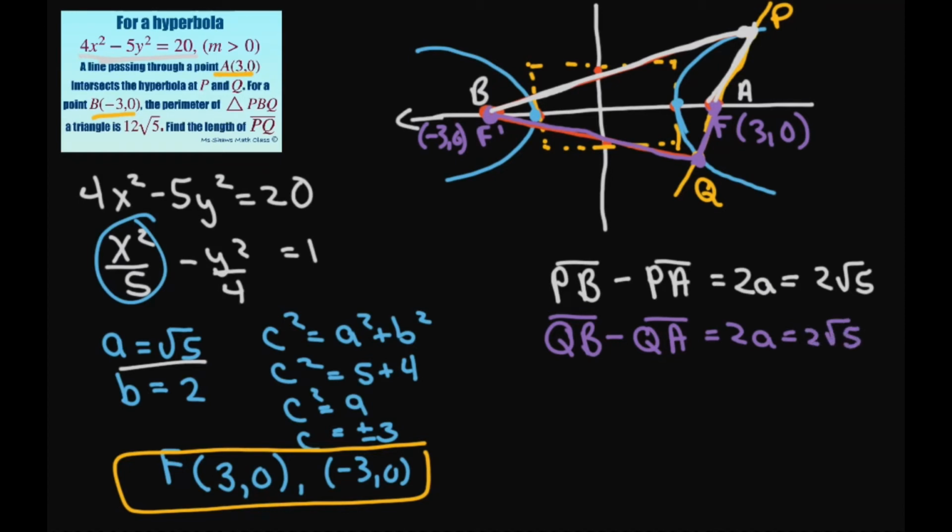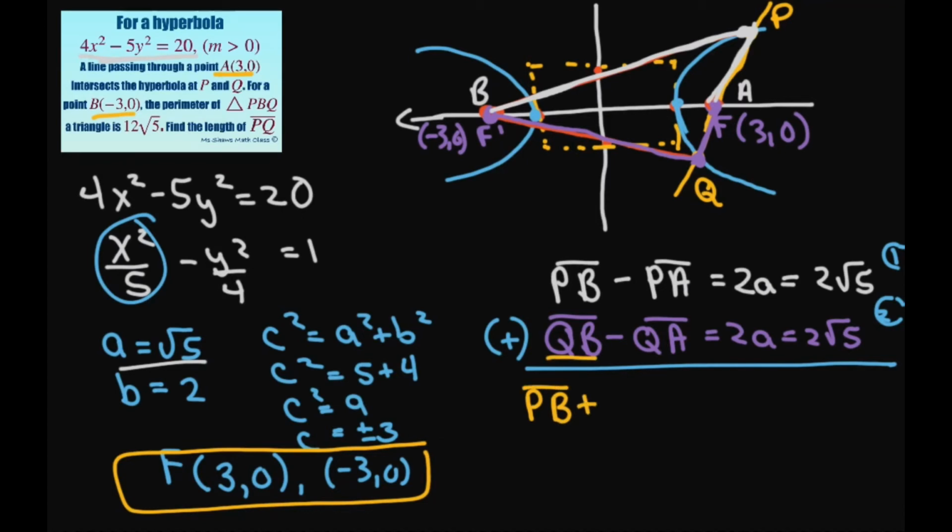Now I'm going to call this equation 1 and this equation 2, and I'm going to add these two together. When you add these together, you get PB plus QB, then minus, then add these two, PA plus QA, and you get 4 square root of 5.